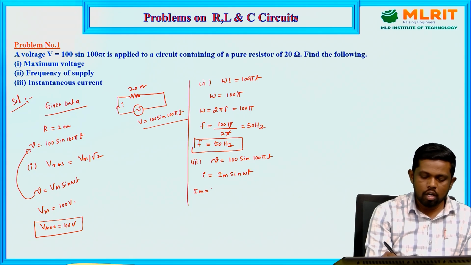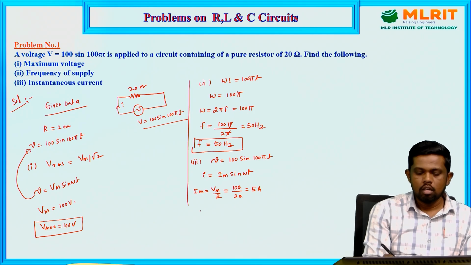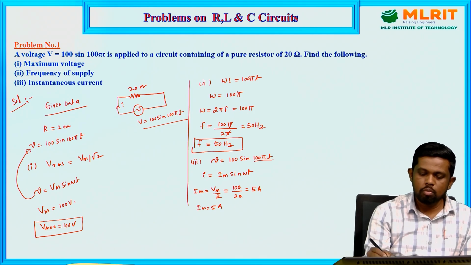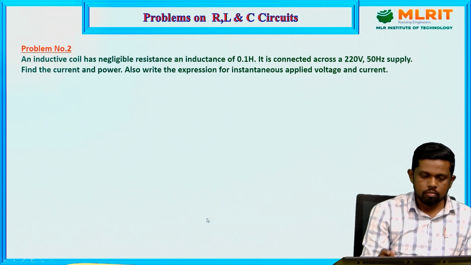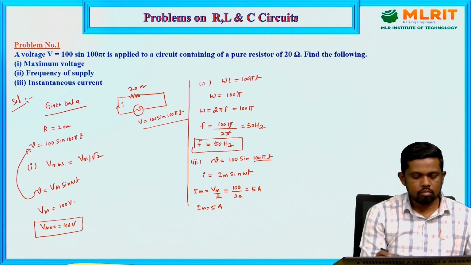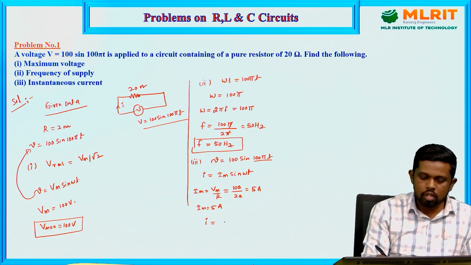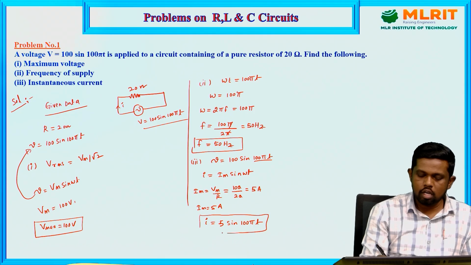According to Ohm's law, Im equals Vm upon R. Vm is 100 and the resistance is 20, which means 5 ampere. So the peak value of current is 5 ampere, Im equals 5 ampere. The frequency should be the same, so the instantaneous current I equals 5 sin 100 pi t. This much instantaneous current is circulating.